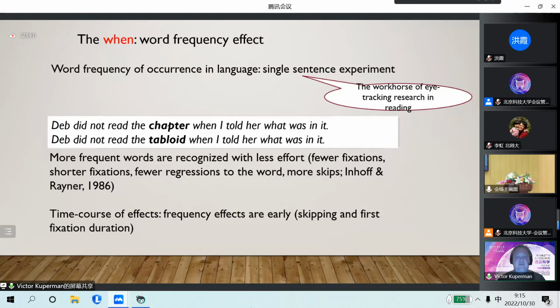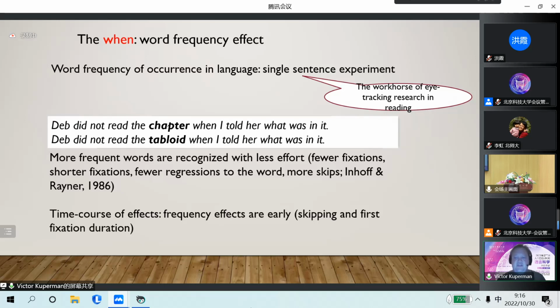So here's an example from Inhoff and Rayner, 1986, where we have two sentences that are only different in one word. The first sentence reads, "Deb didn't read the chapter when I told her what was in it." And the second example has a less frequent word, tabloid. In all other respects, these sentences are identical.